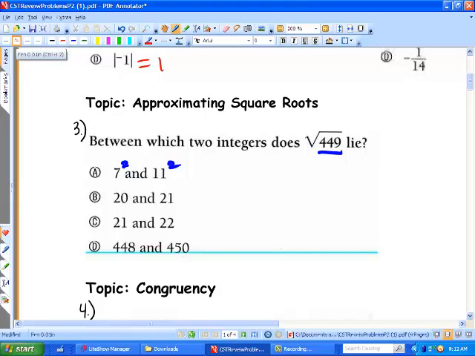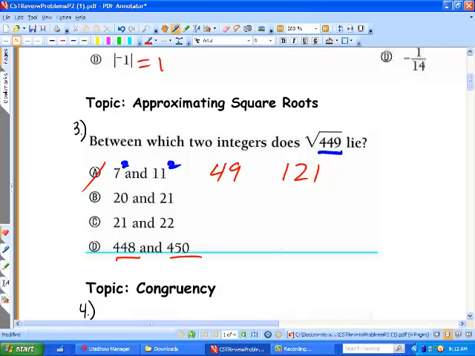If we look at A, 7 squared is 49, and 11 squared is 121. Those numbers are too small for 449, so we're going to cross out A. If we look at D, yes, 448 and 450 are close to 449, but we're looking for the square root of those.